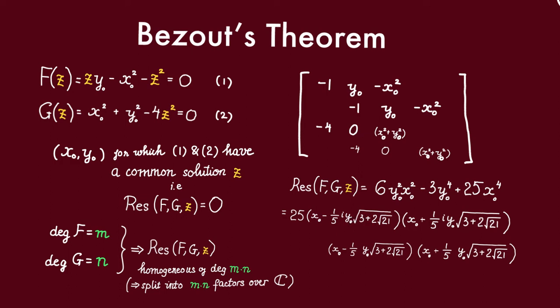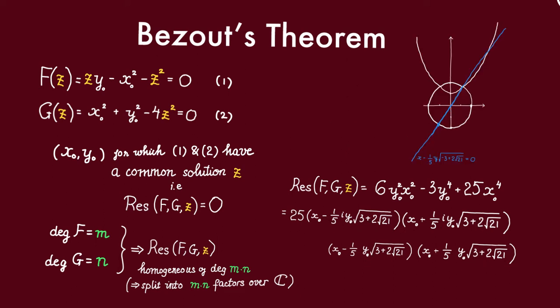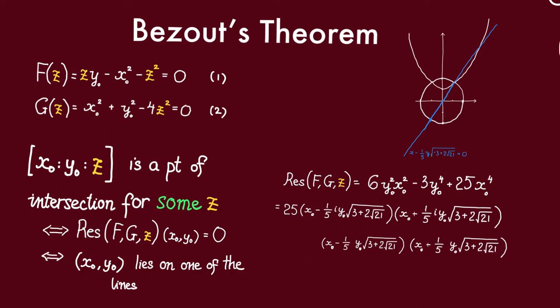We want to see what is the correspondence between these factors and the intersection points. Okay, so let's see what is the geometric meaning of each of these factors. Observe that each of them determine a line on the plane. So what's the relationship between these lines and points of intersection of these 2 curves? For this, let's recall our original argument.